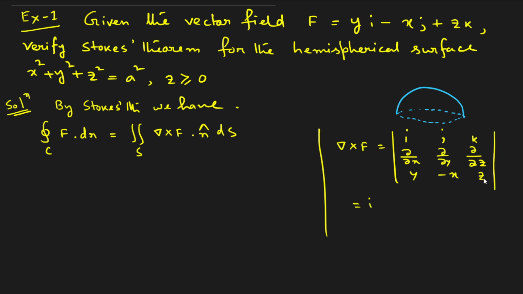So del y of z is 0, again del z of minus x is 0, so it's 0, minus j into, now this row and column vanish, again it is 0 minus 0, so this is also 0, and finally k cap into, row and column vanish. So minus 1 then minus 1, so you'll get minus 2k, means 2k cap. This is our nabla bar cross F bar.